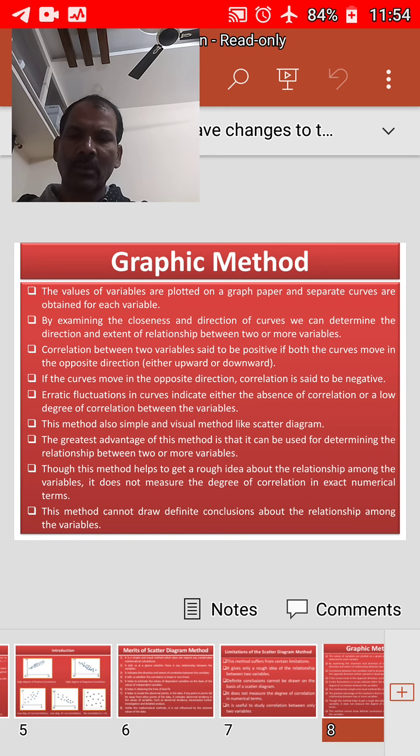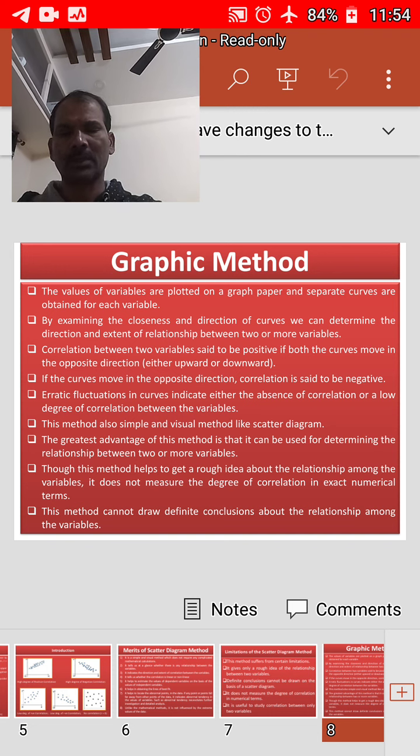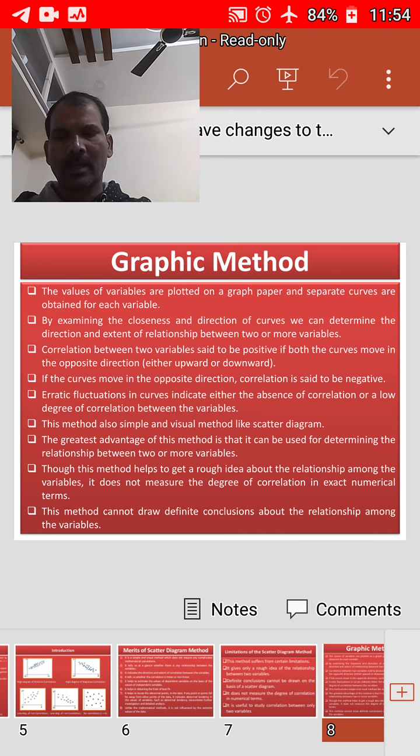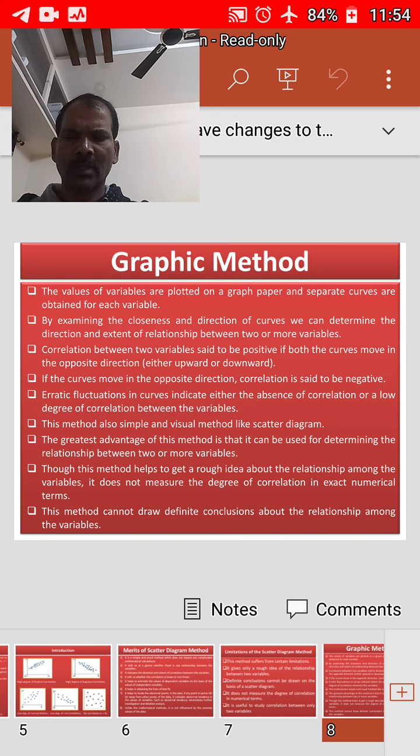In negative correlation, the curves move in the opposite direction, and erratic fluctuations in the curves indicate either the absence of correlation or a low degree of correlation between the variables.